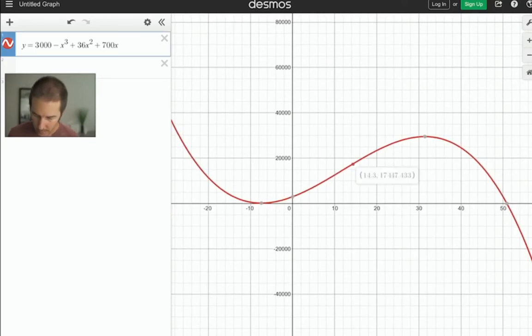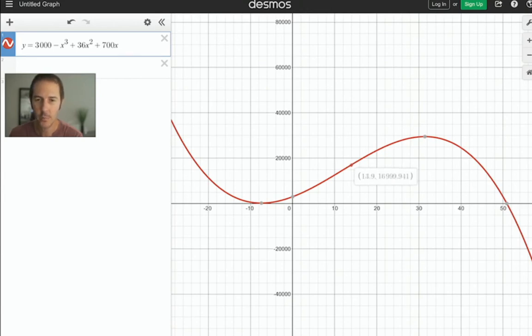Can I highlight a particular point? Can I just get that point to stay there? I can't. All right, I'm just going to hold my pen right here. It's kind of moving around a little bit, but that's okay. Everything to the left of this point in the middle of the graph that I'm trying to hold on to, my graph is concave up. And everywhere to the right of this point, my graph is concave down.